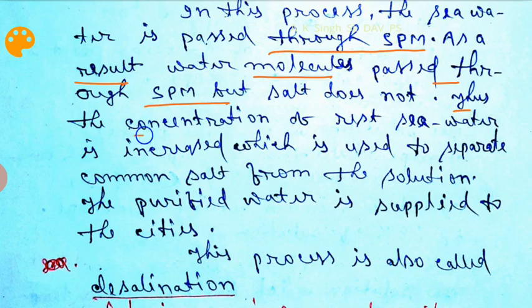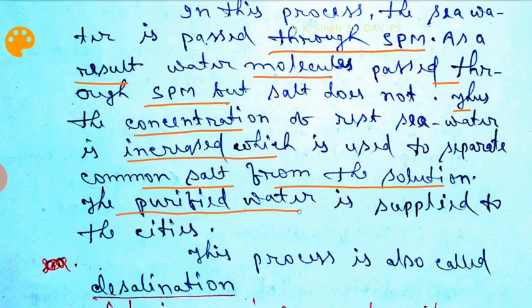Thus, the concentration of the rest of the seawater is increased, which is used to separate common salt from the solution, because the amount of salt in seawater in our country is nearly 30 to 35 gram per liter, and when this process is used to purify the water, then the concentration of the residual water is increased, that is 150 to 200 gram per liter. So it is easy to separate common salt.